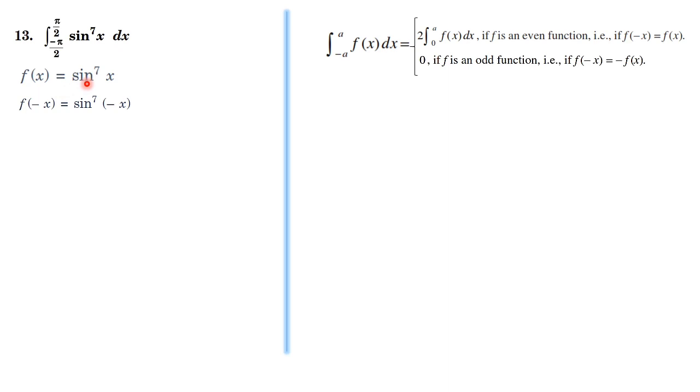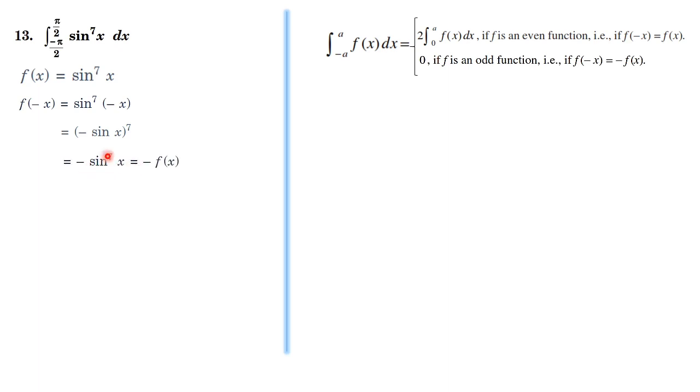That is sine power 7 x with x replaced by minus x. A little bit of arrangement we can do. Sine of minus x is minus sine x, and this power 7 we can just keep outside: minus sine x the whole power 7. So here, for minus of something, the exponent is an odd number. So an odd exponent means the minus sign will remain. So it is minus sine x.